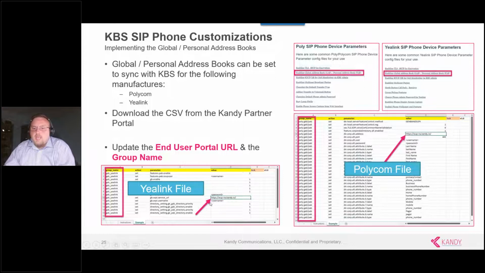Everything else where you're seeing things like in brackets username or in brackets password, that's just telling the phone to verify against their end user portal password. So there's nothing that needs to be changed there. The only thing that really needs to be changed in these is that URL. So once you put in their end user portal URL, upload the file, and you should be good to go.